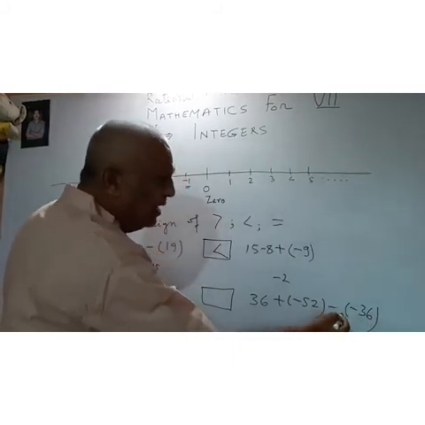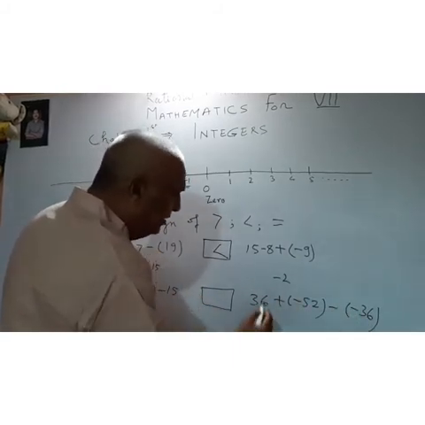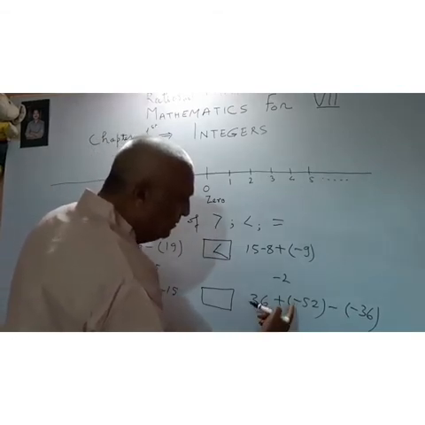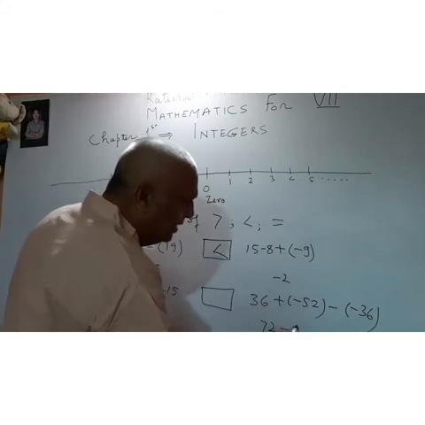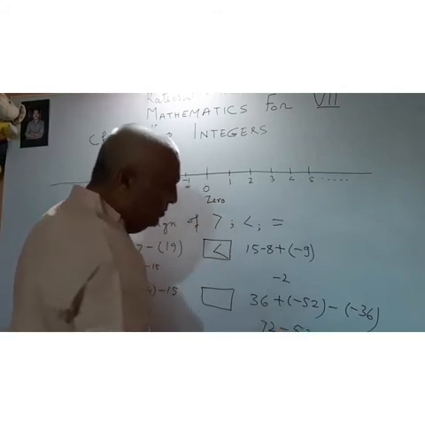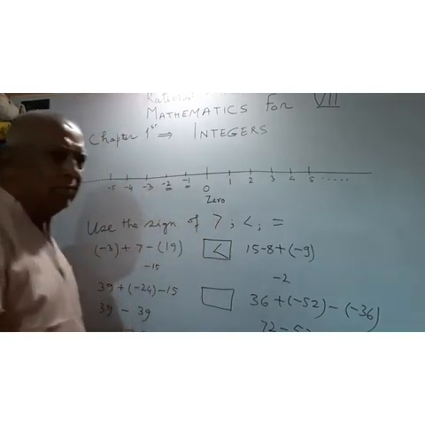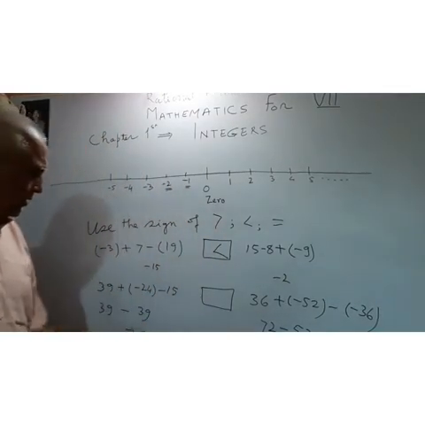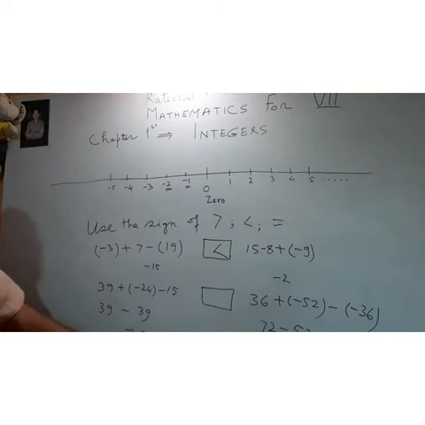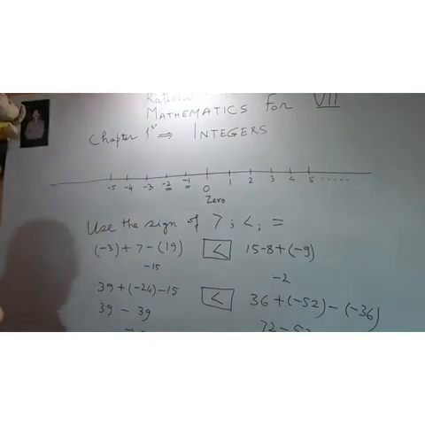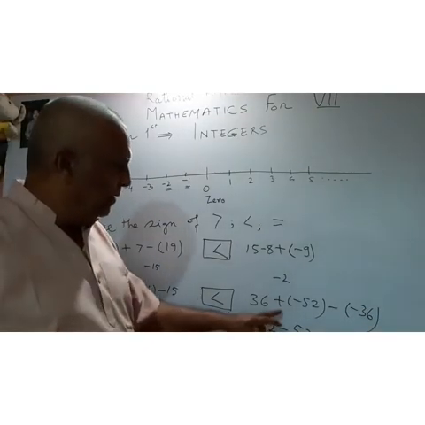Minus will be plus 36 plus 36. That is 72. And this minus plus will make it minus 52. It means 20. This is 20 and this is 0. Then sign will be like this. Okay?